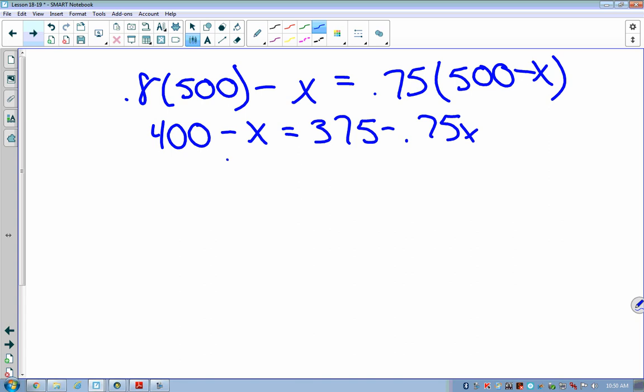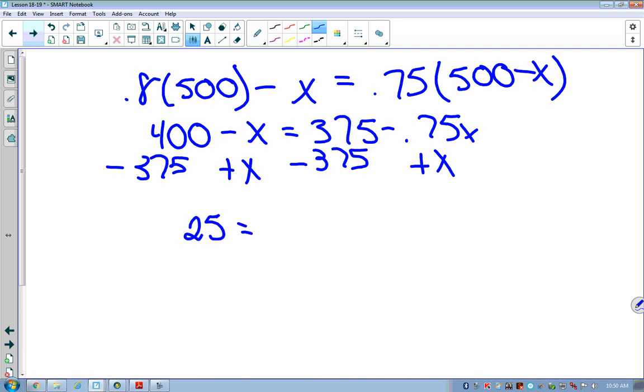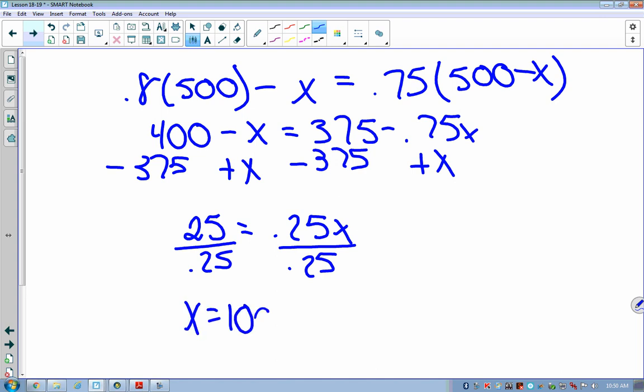Okay, I can add 1x to this, and I can subtract 375. And you should get x equals 100 liters.